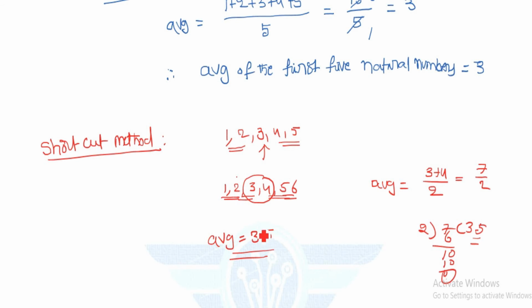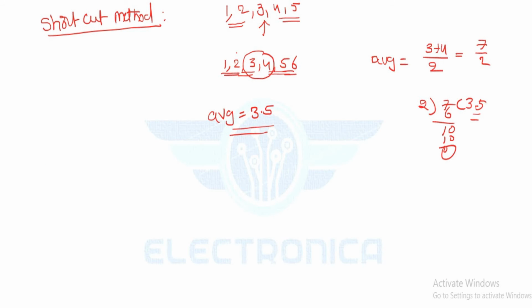This is the shortcut method. By seeing this also, you can find the average of the first 6 natural numbers.